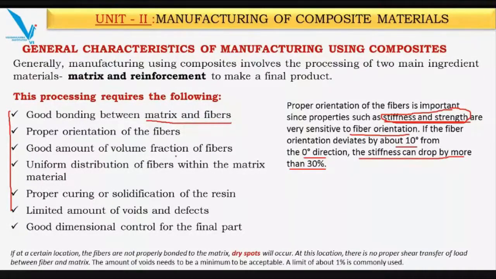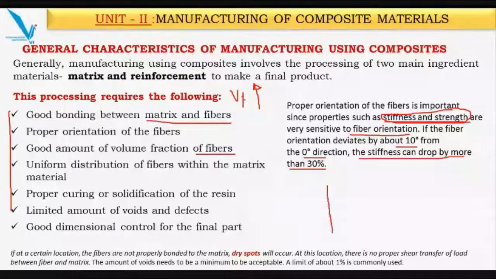Then a good amount of volume fraction of fibers. I mentioned that as the volume fraction of the fiber increases, stiffness and strength increase, because the fibers are the important ingredients that decide these two parameters. But this holds only up to a certain limit.